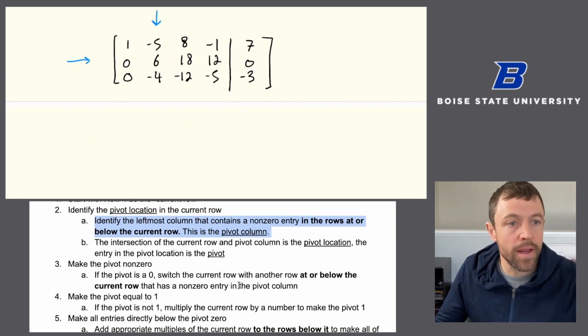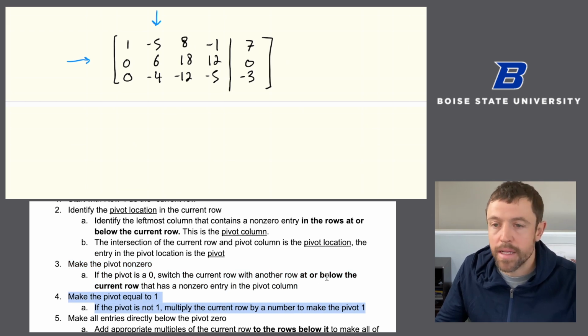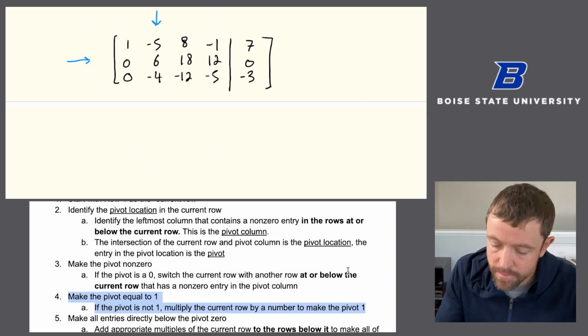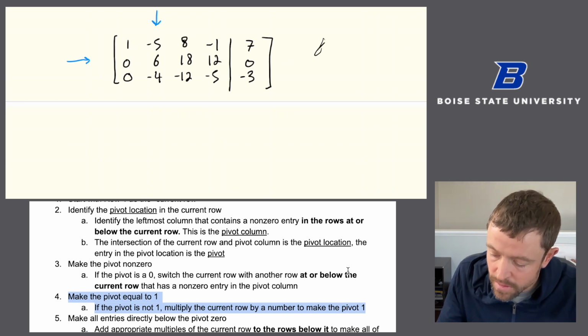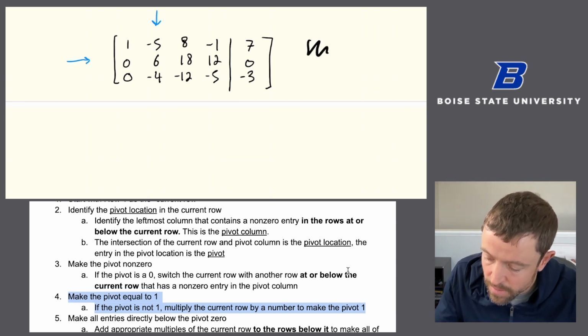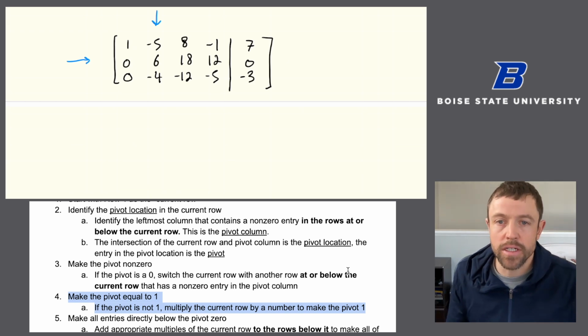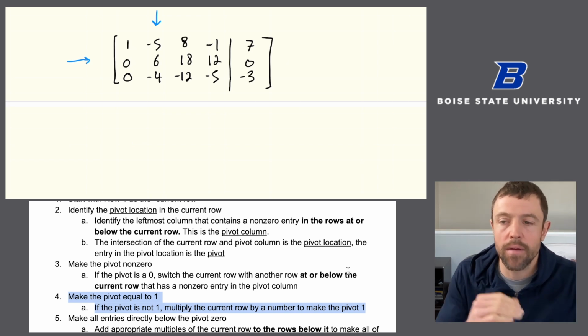Okay, so now we've identified the pivot. It's this 6. We have to make the pivot non-zero. It's already non-zero. It's 6. So let's make it equal to 1. How are we going to make this pivot equal to 1? We're going to multiply the row by something. As you're watching this video, there's something to be said for pausing the video occasionally and saying, all right, what's the next step?